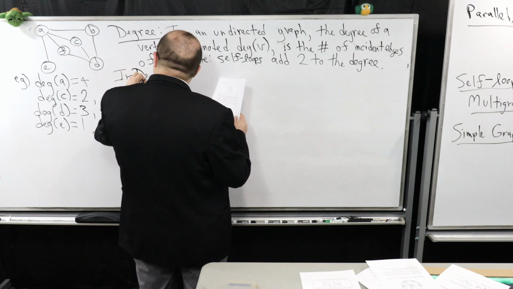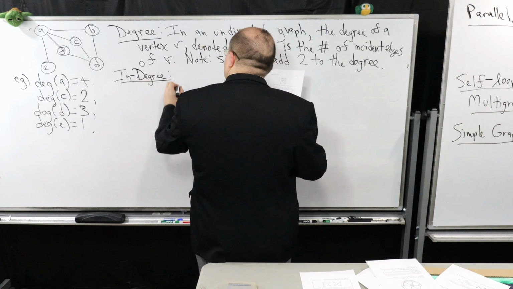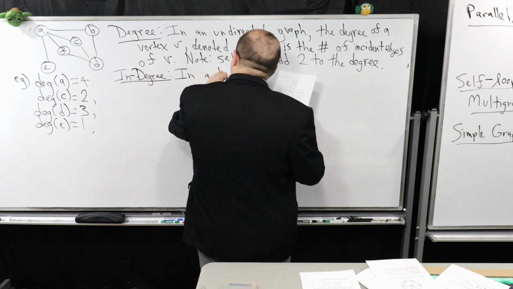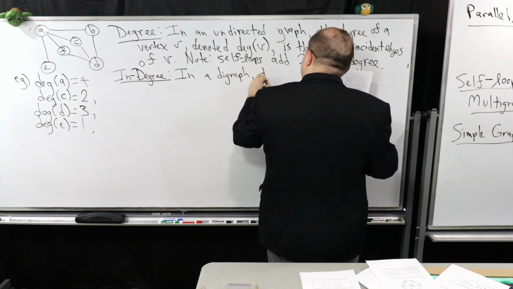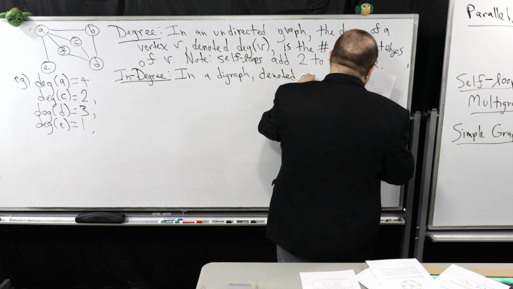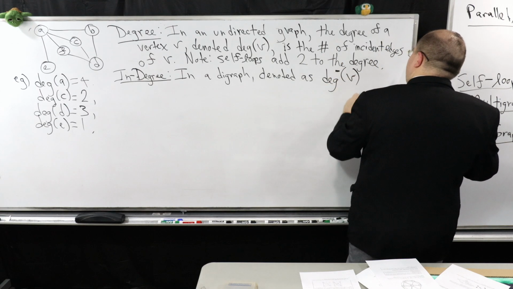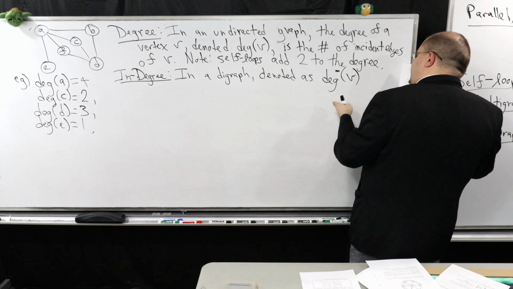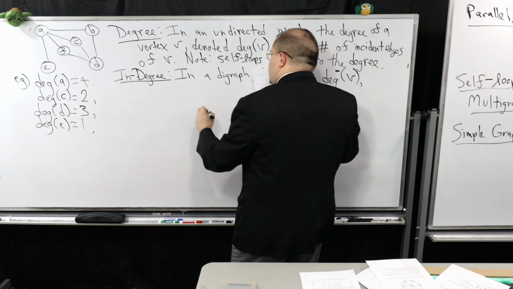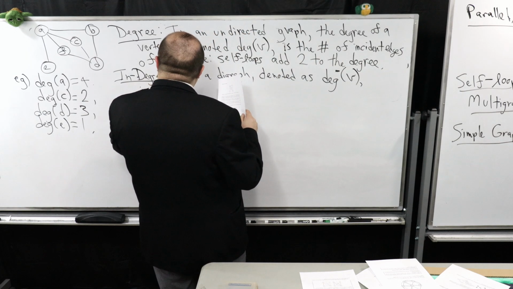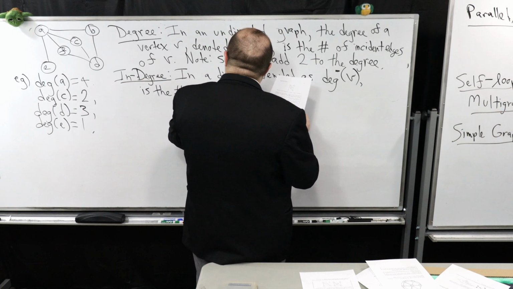So the so-called in degree, in a digraph, is denoted as deg with a minus of V. So if I want to know the in degree of vertex V, I write deg minus of V, and it is the number of incoming edges.